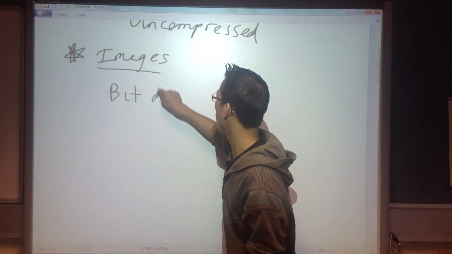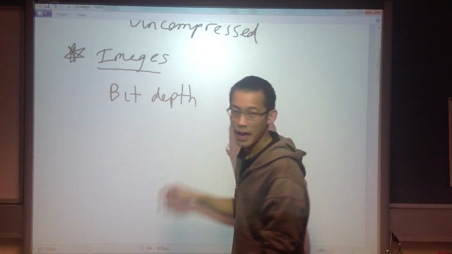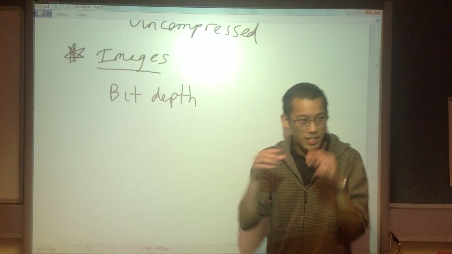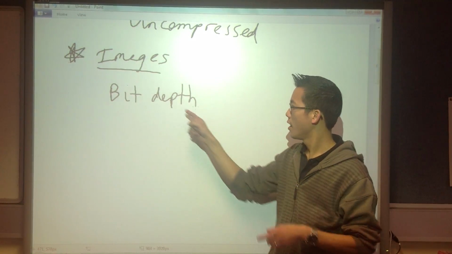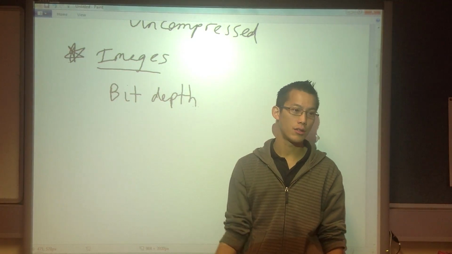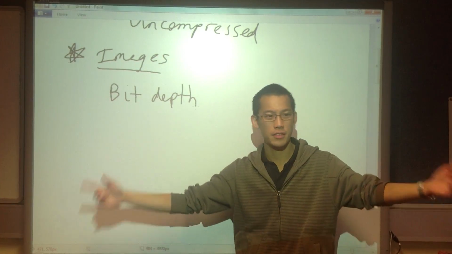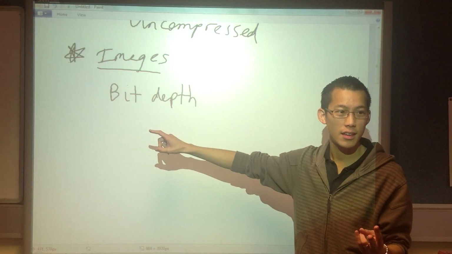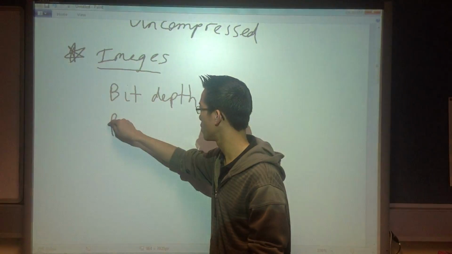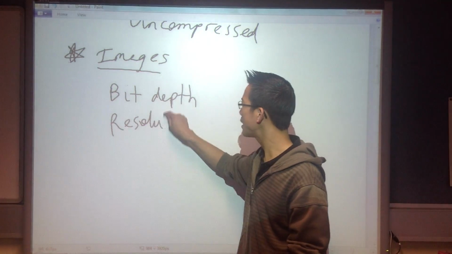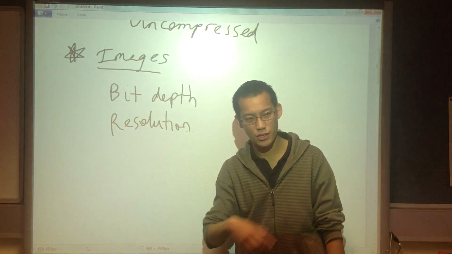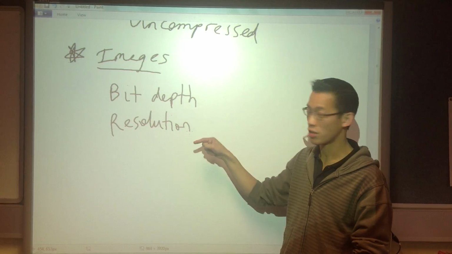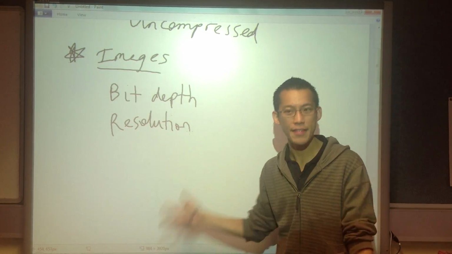That's a way of saying how many colors something has, because each individual pixel will have a certain number of bits assigned to it, and obviously the more bits you have, the more color combinations. So there's the first thing. What's the second thing? Good. Resolution. If bit depth tells you how much space each pixel takes up, you need to know how many pixels there are as well, and that's resolution.